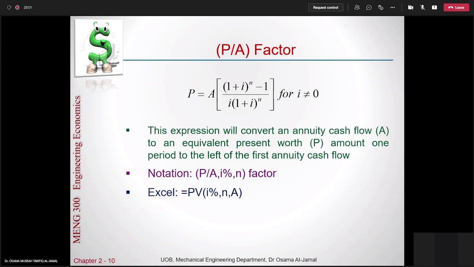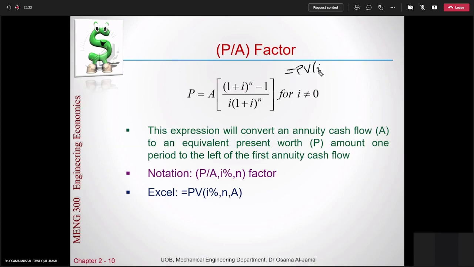Excel. Using Excel, like what we did in a previous section to find the PV given F. You said, okay, PV.